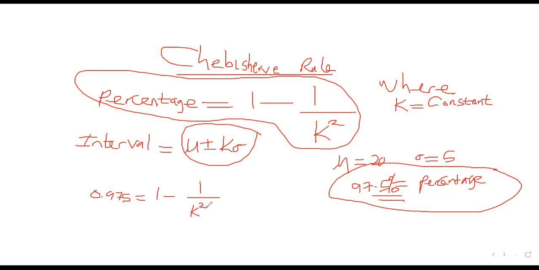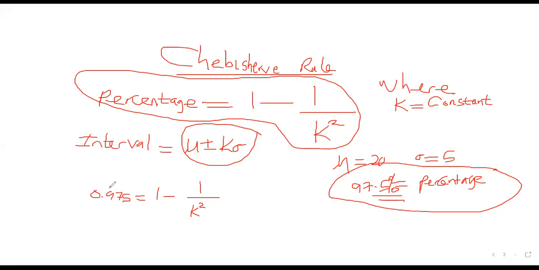Are we together? Yes. Please follow through on this Chebyshev formula. After this, we're going to find the interval. They will say using the Chebyshev rule, determine the interval that will give us 97.5%.